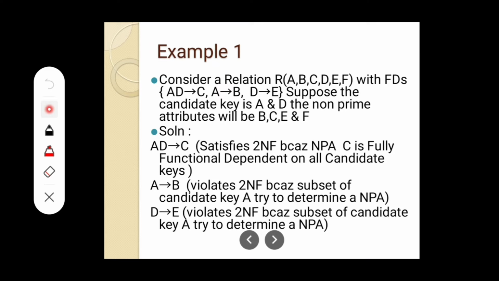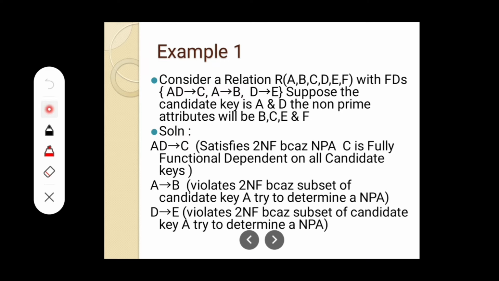So how can we identify whether the relation is in 2NF or not? Straight away you go to the functional dependencies. Here our task is actually reduced, because we don't need to compute the candidate key. Some questions are not like that; we have to find the candidate key. How do we find it?